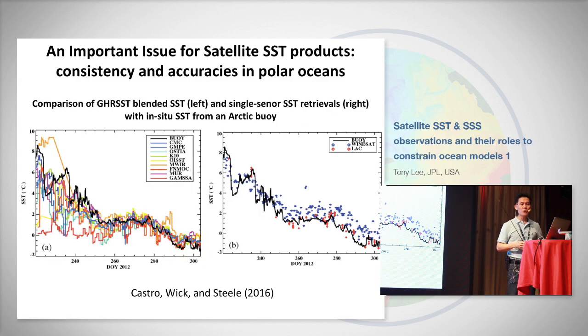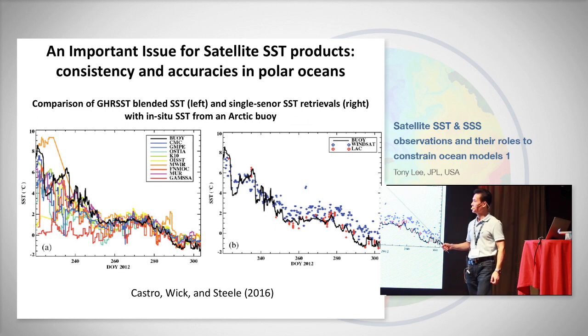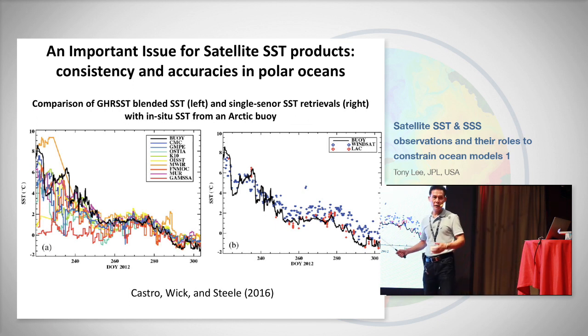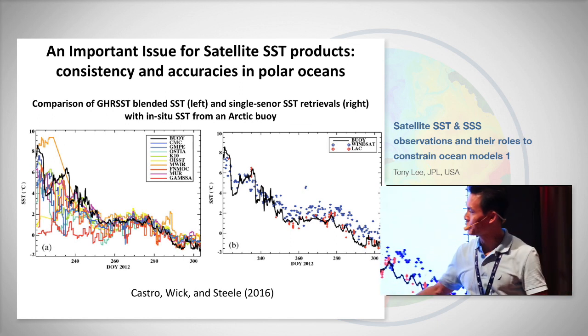Now, the major issue for satellite SST is in the high latitudes. In fact, tomorrow you'll hear that it's the same thing for sea surface salinity. Here's an example comparing high-latitude SST products with buoy data in the Arctic Ocean.